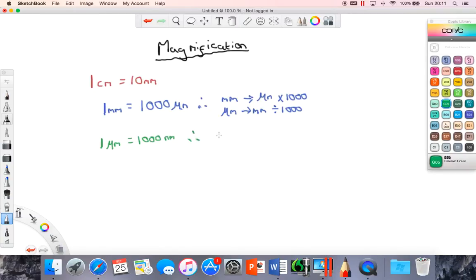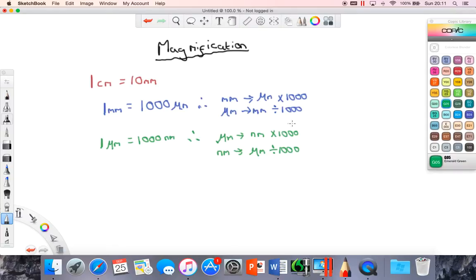Therefore, to convert micrometres into nanometres, you would times it by 1,000. And on the flip side, to convert nanometres back into micrometres, you would divide by 1,000.